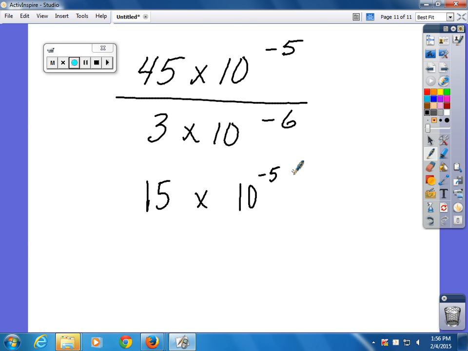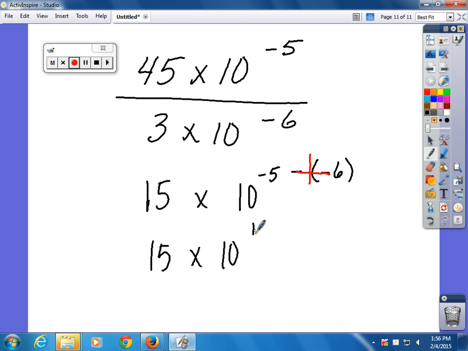What do you do when you divide exponents? You subtract them. And that would be negative 5 minus a negative 6. And what happens when you have two minuses together? So 15 times 10 to the what?